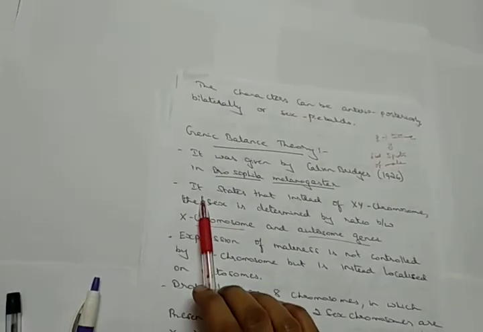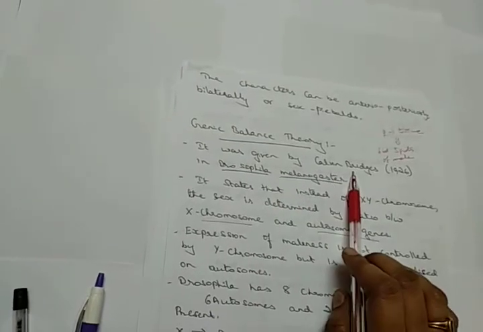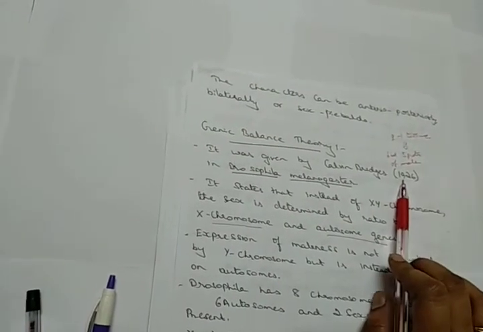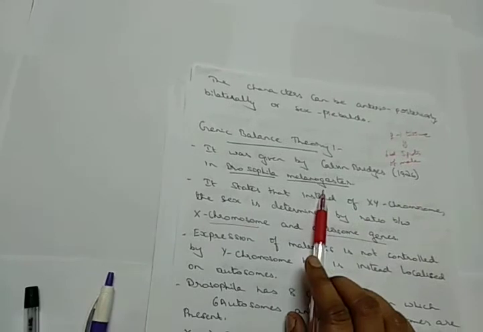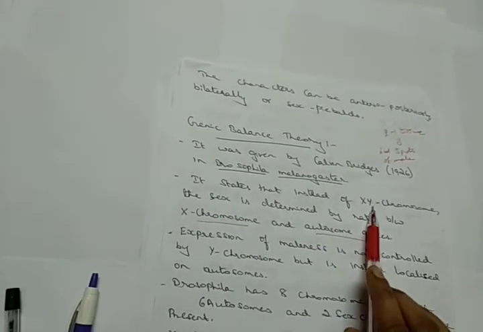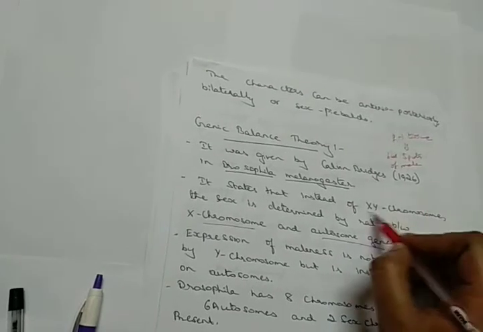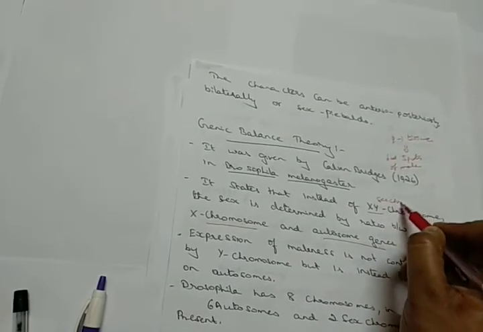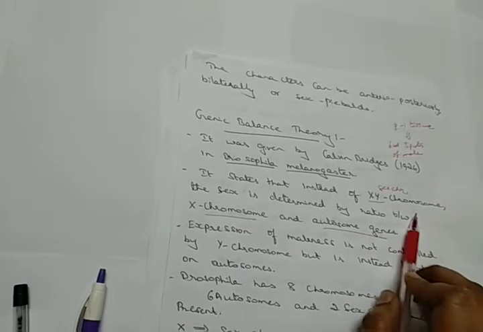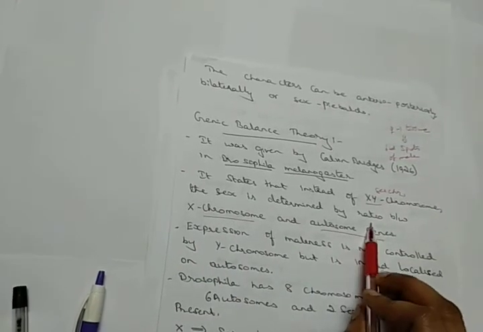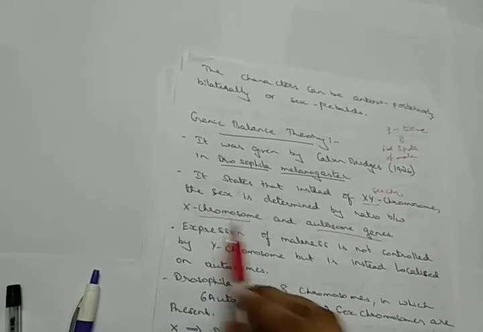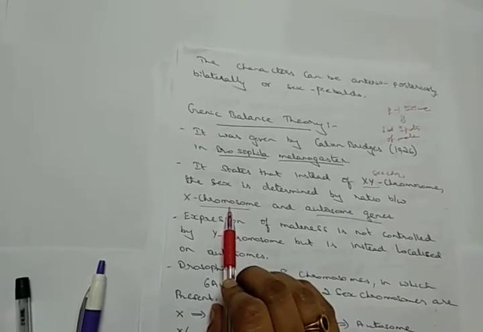Another example is the genic balance theory. It was observed by Calvin Bridges in the year 1926 in Drosophila melanogaster, the fruit fly. It states that instead of the XY chromosome, which is called the sex chromosome, the sex is determined by the ratio between the autosomes and the X chromosomes.